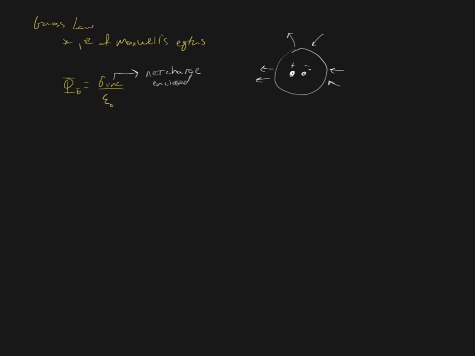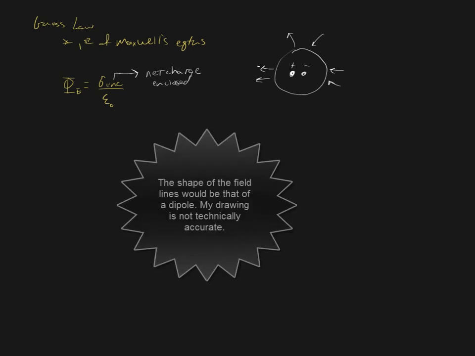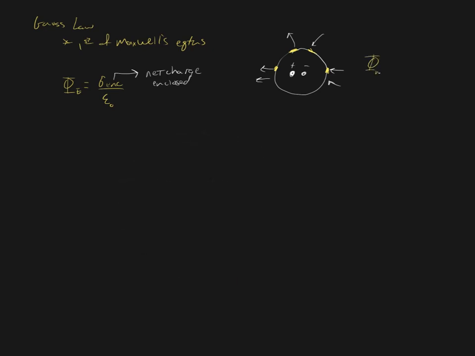And so the flux due to this element right here is offset by the flux due to that one, and this one would be offset by this one, and so forth. And so the net flux is going to be equal to 0, and so the net charge which is enclosed is also equal to 0. So Q enclosed just carries with it the idea that it is the net charge that's enclosed, and that positive and negative charges may be combined.